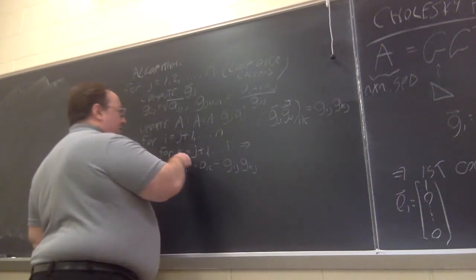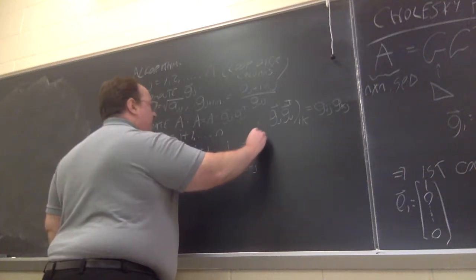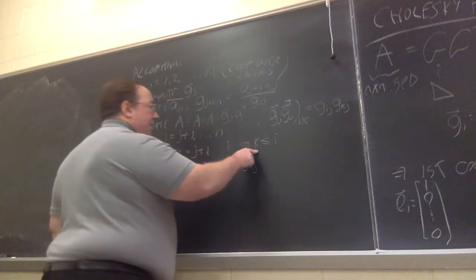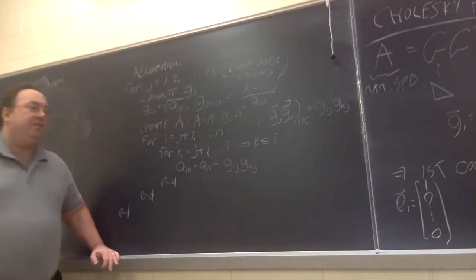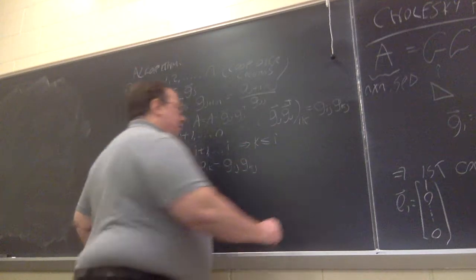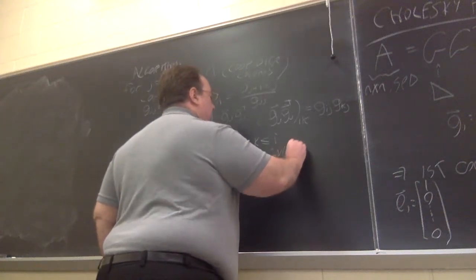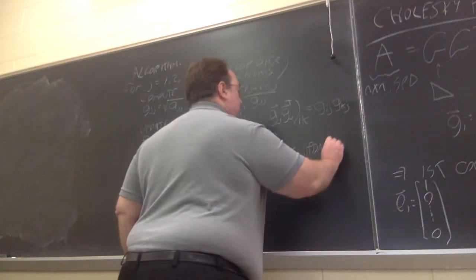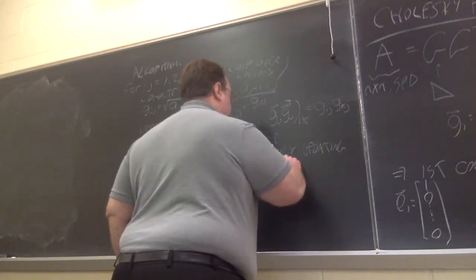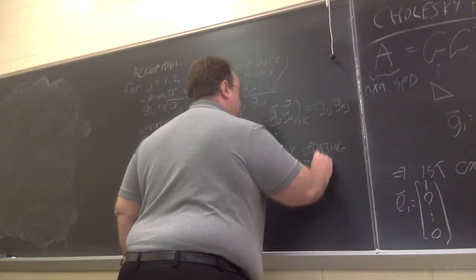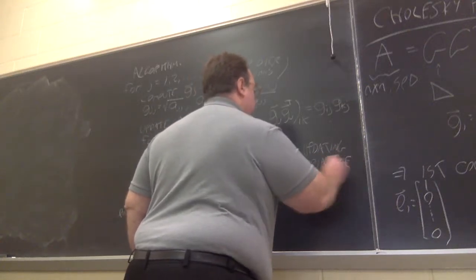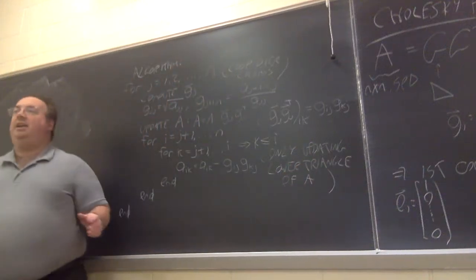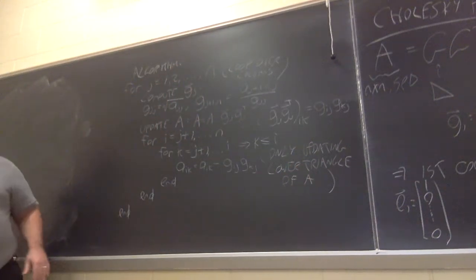This ensures that k is less than or equal to i, and when the column index is less than or equal to the row index, what that means is you are not updating all of A, you're only updating the lower triangle of A. So the main diagonal you are updating, and everything that lies below it.